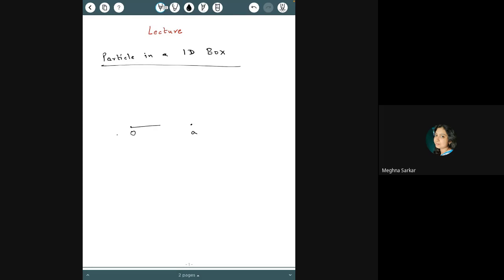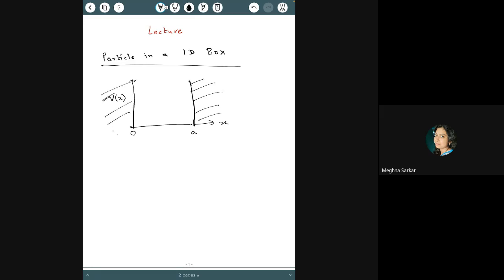So I have a box of length a, let's say in the x direction, and the particle cannot move beyond a. Why? Because there is an infinite potential wall at 0 and at a, and also beyond it.